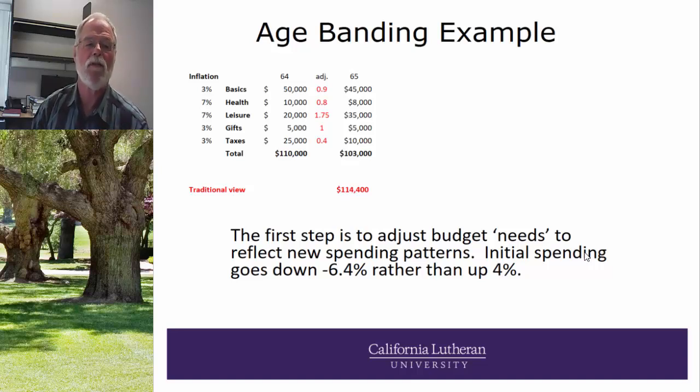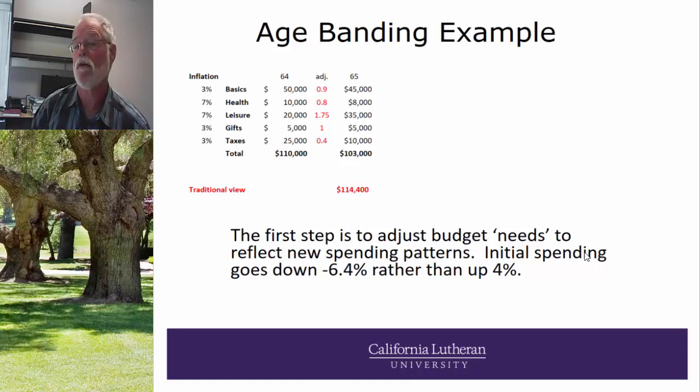Now, what Basu did also is he said, when you're working, here are the expenses. Say for basic spending, it was $50,000. For leisure activities, travel, entertainment, was $20,000. But remember, what we said is that basic expenses will come down, taxes are going to come down a lot. But there's going to be a trade-off.